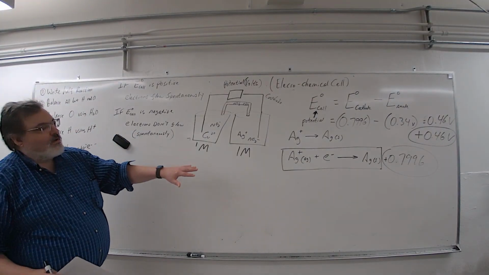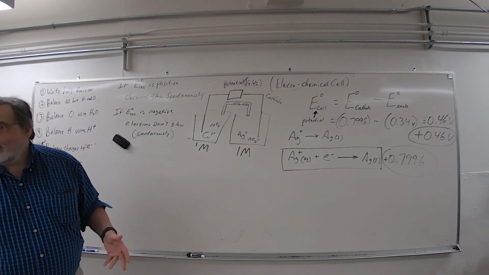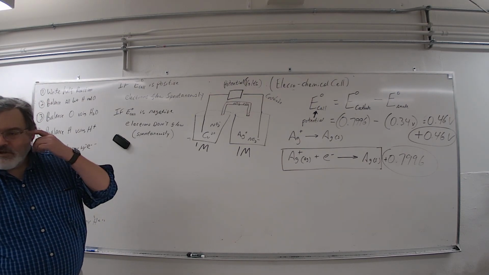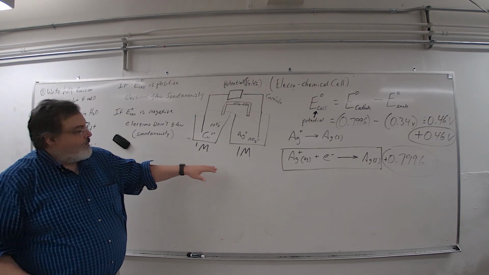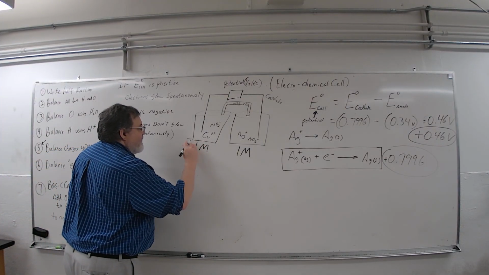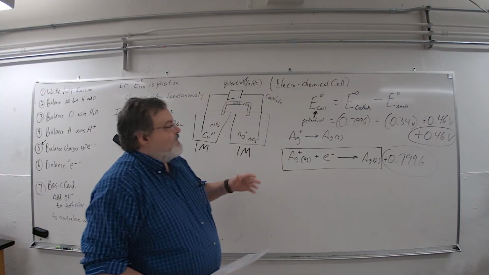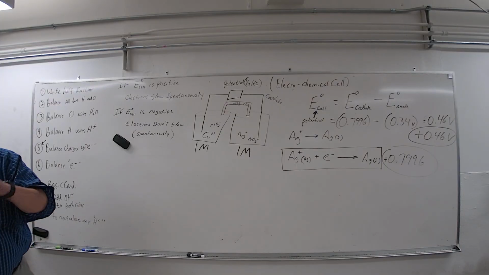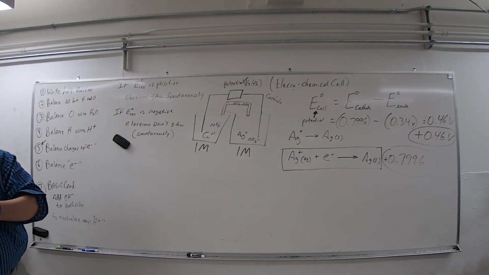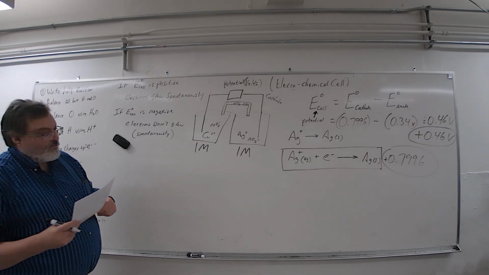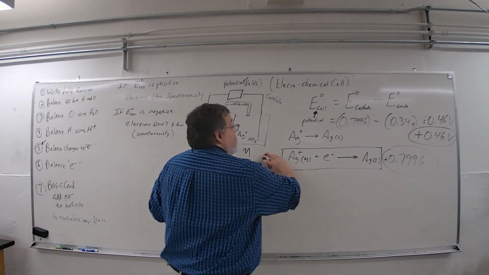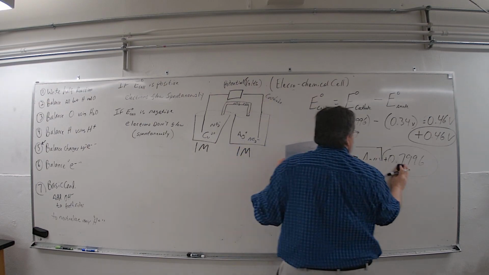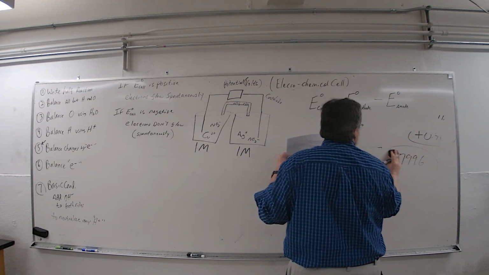Standard means 1 molar, it also means room temperature and atmospheric pressure, standard temperature and pressure. But if you did these such that you had an E cell that was negative, the electrons wouldn't flow. Simple rule, again simple stuff, it's just taking me a long time to solve. Okay, and 1 more equation. There's this equation, very simple to use because you just look up the values and plug them in.